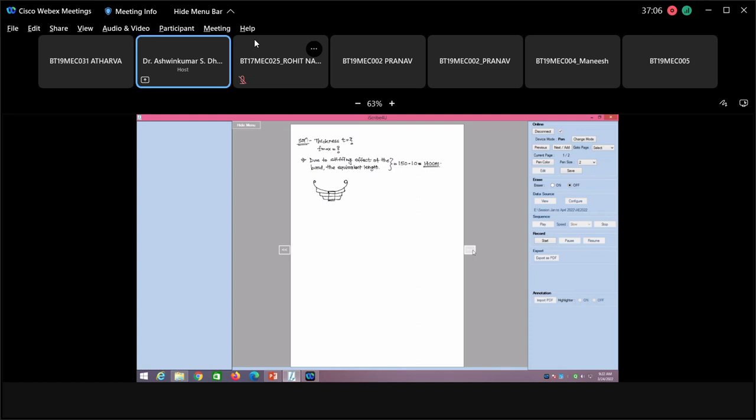Let us say that this length is given as 150 and this length is given as 10, 10 centimeters. Not millimeter, he has given centimeter, this is also in centimeters. So effective length is 150 minus 10, so that comes out to be 140 centimeters. So please be careful about this.